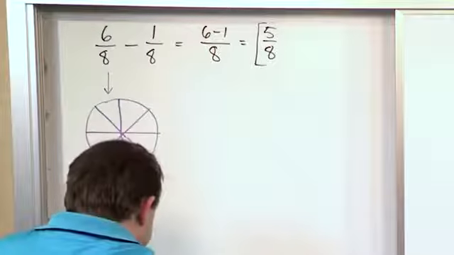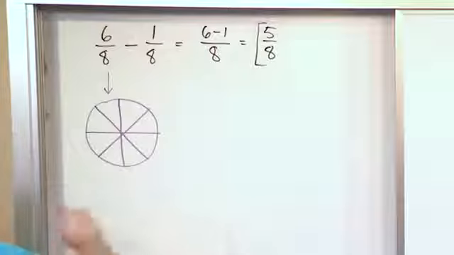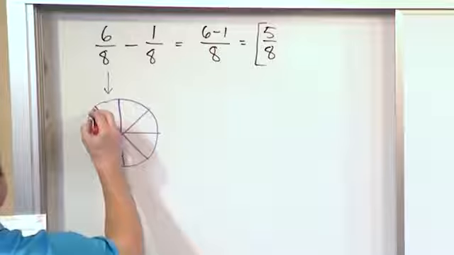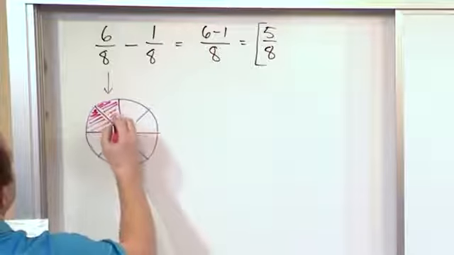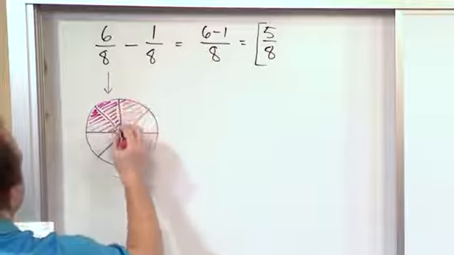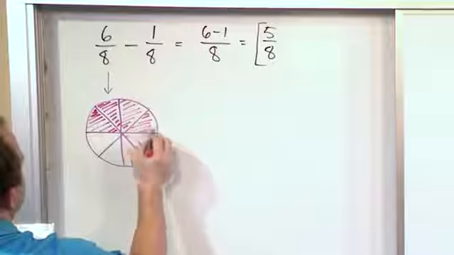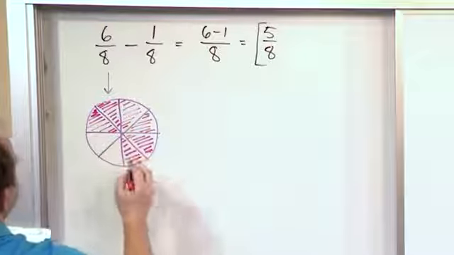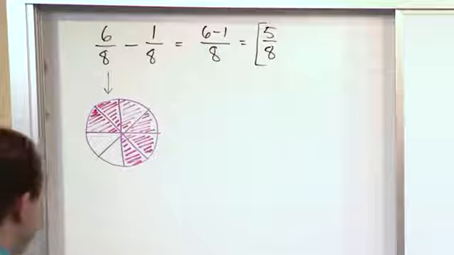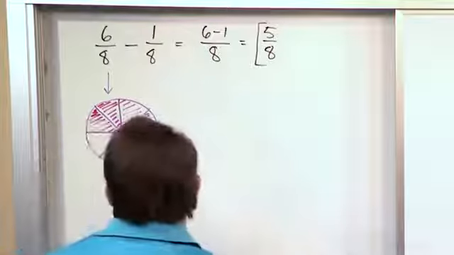Now for that particular 6/8 right there, this is a piece. Here's 1, here's 2, here's 3, here's 4, here's 5, and here's 6. So there's 6/8 of a pizza, or 6/8 of a pie.